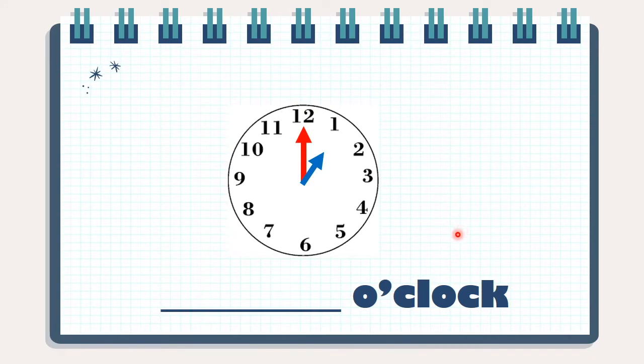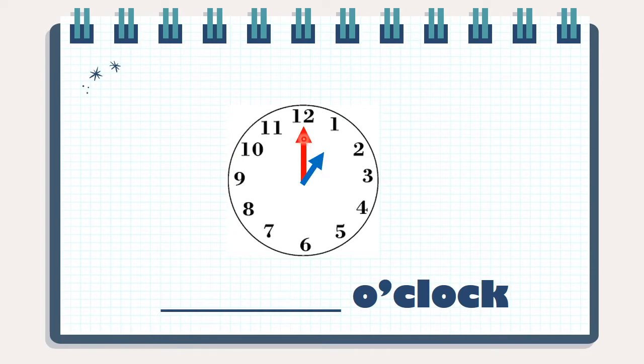We will start with the basics about time. Do you see the red arrow and the blue arrow? The red arrow is longer than the blue arrow. The red arrow, I want you to call it the long hand. While the blue arrow, we call it the short hand.